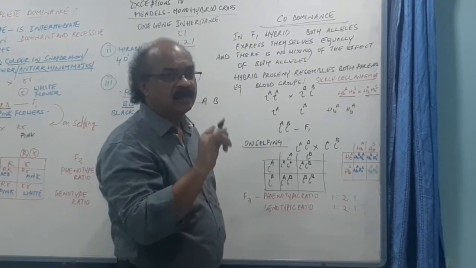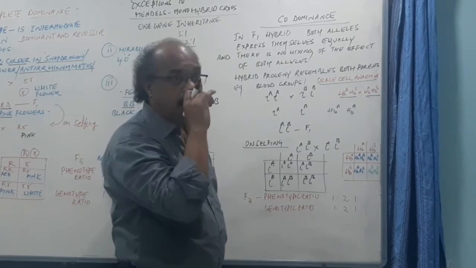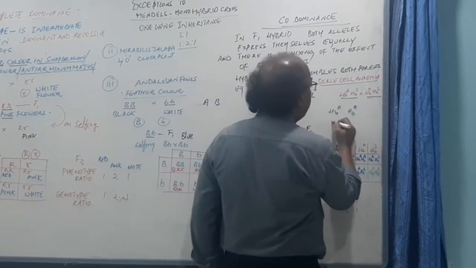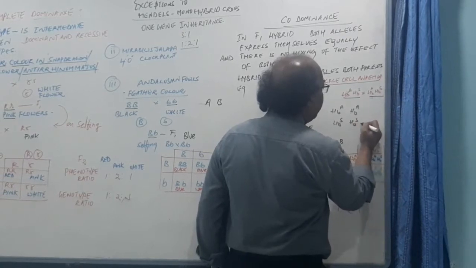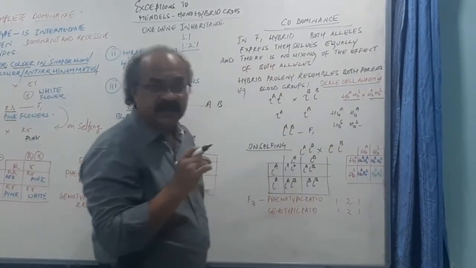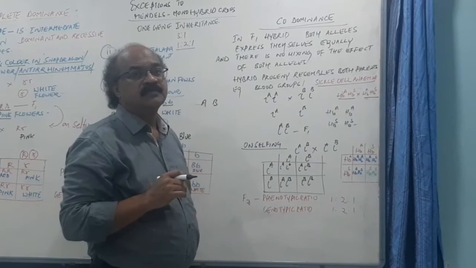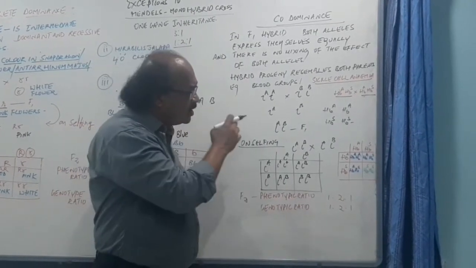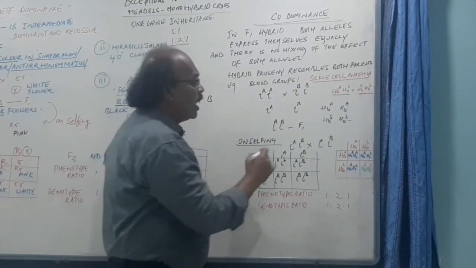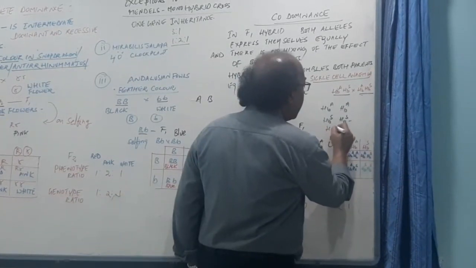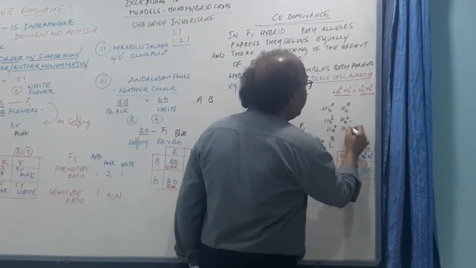The RBC are circular in their outline. HbS, sickle shape. So, dangerous. HbA, HbS.